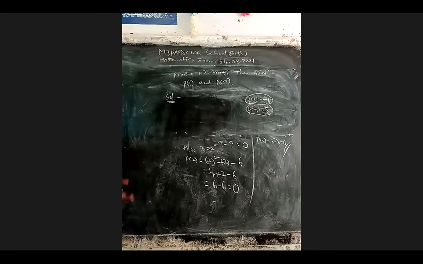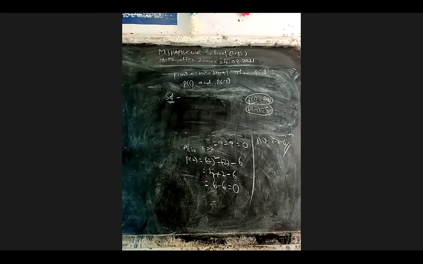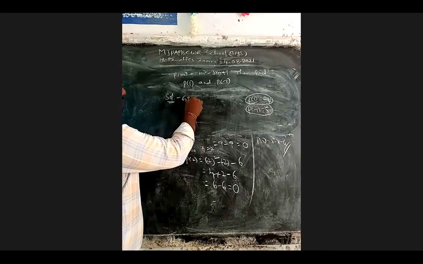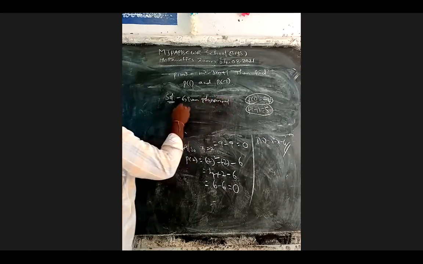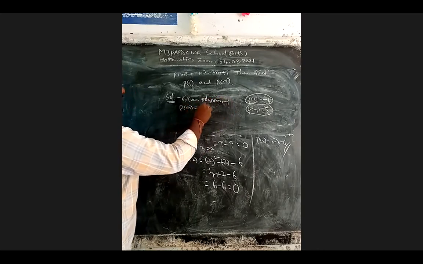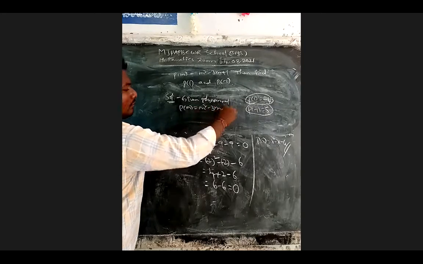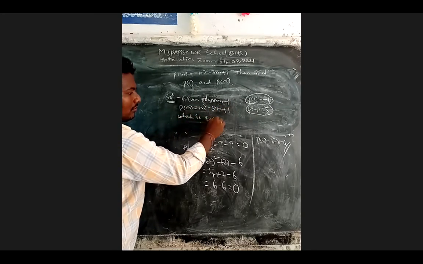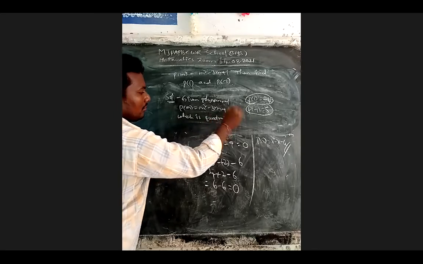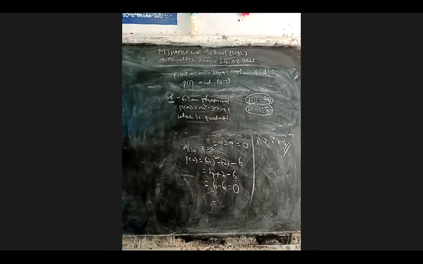So the given polynomial is m square minus 3m plus 1, which is a quadratic polynomial.